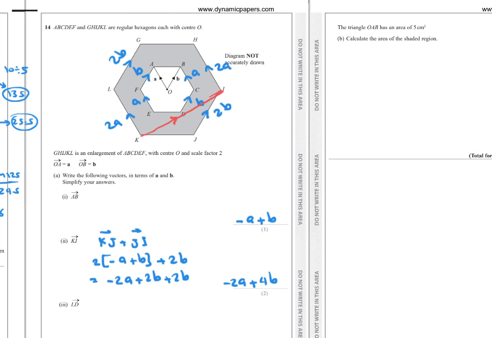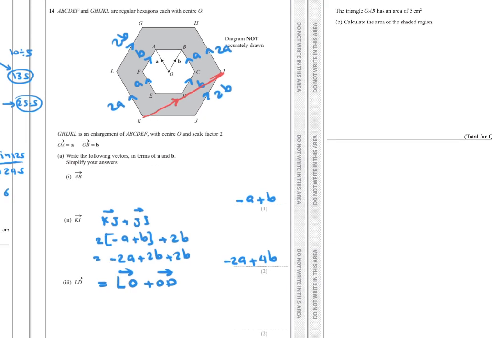Now LD. We can travel from L to D through O. So LO plus OD. LO is double AB, twice AB.